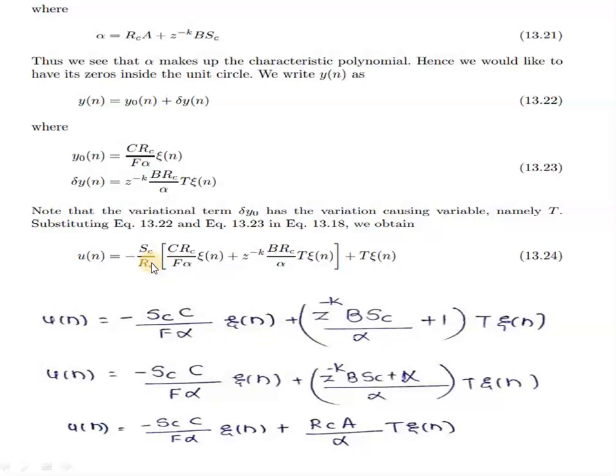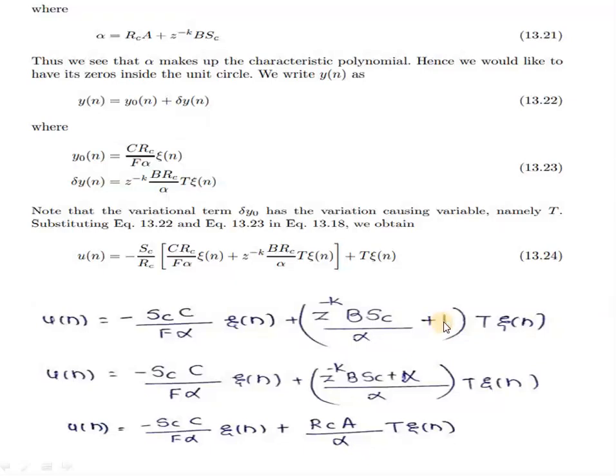This rc and this rc get cancelled, and it remains with f into alpha into zeta of n plus z raised to minus k beta rc. As we multiplied this term with this term, rc gets cancelled. The remaining terms are z raised to minus k b into sc divided by alpha, and we have just taken common tau into zeta of n.